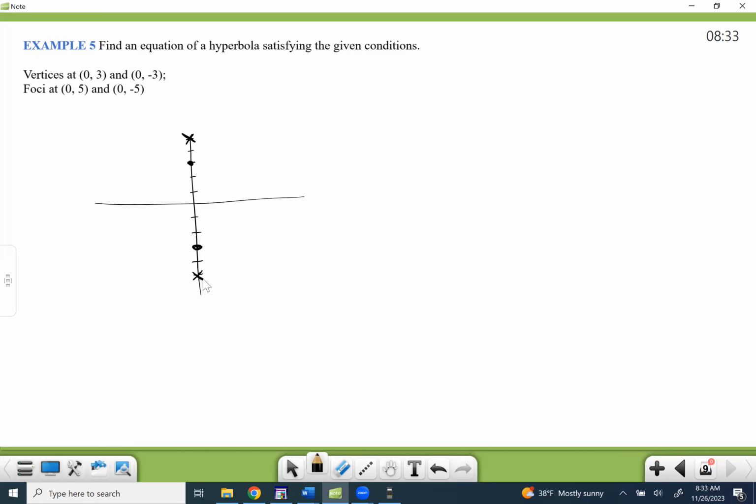Okay. So, I mean, we know a lot, right? We know that our hyperbola must look like something like this, right? Okay. All right. So that tells me that y is first. Now it looks like we're centered again at 0, 0. So I'm going to use this formula.